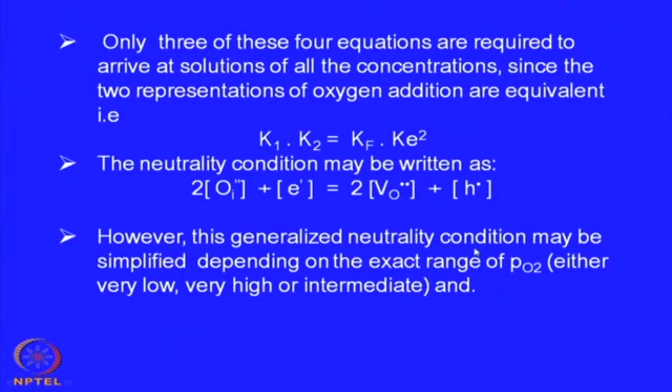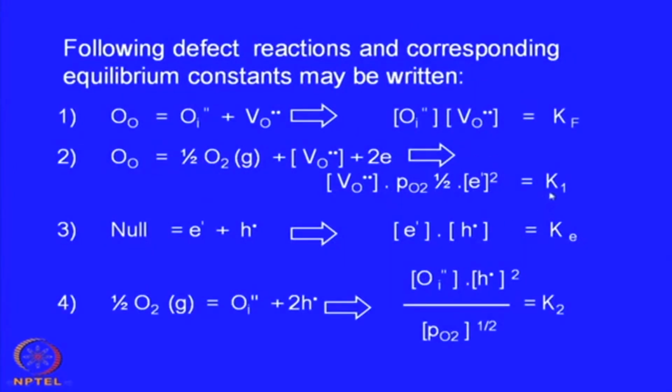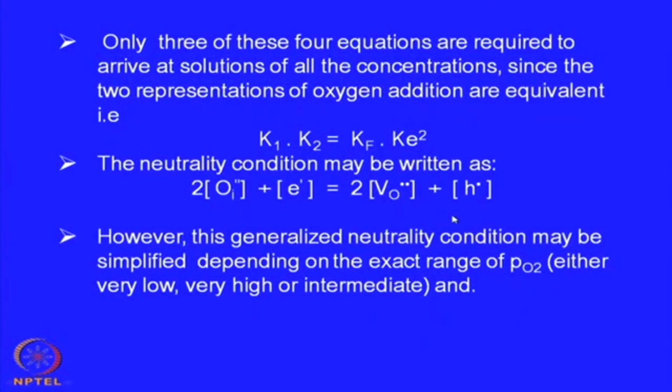Because you can see from here in K1 K2, PO2 is basically cancelling out, and the square of this is there, and the oxygen vacancy and oxygen interstitials are there, and then this and this is also there. So, you will find K1 K2 multiplication is actually Ke into the square of this. Okay. So, that is why this has been written like that.